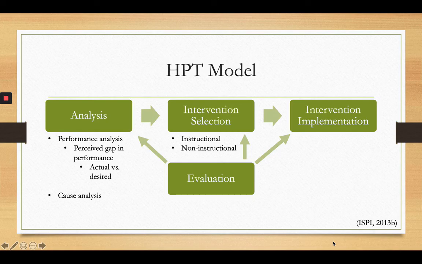If there are any instructional designers in the audience, you may have noticed that this model is similar to the ADDIE, or Analysis, Design, Development, Implementation, and Evaluation model used in designing training interventions in your field. A key difference between the fields of instructional design and human performance technology is the selection and implementation of both instructional and non-instructional interventions in HPT.